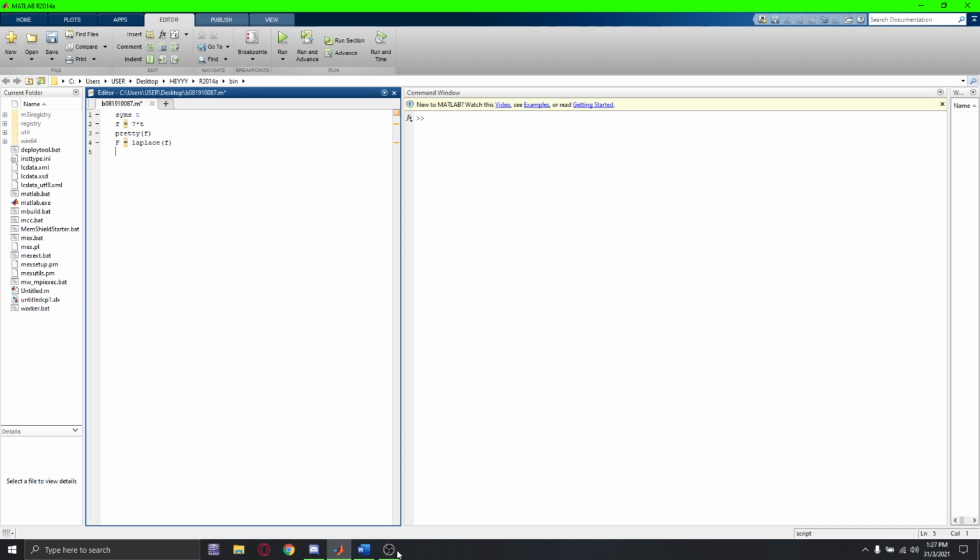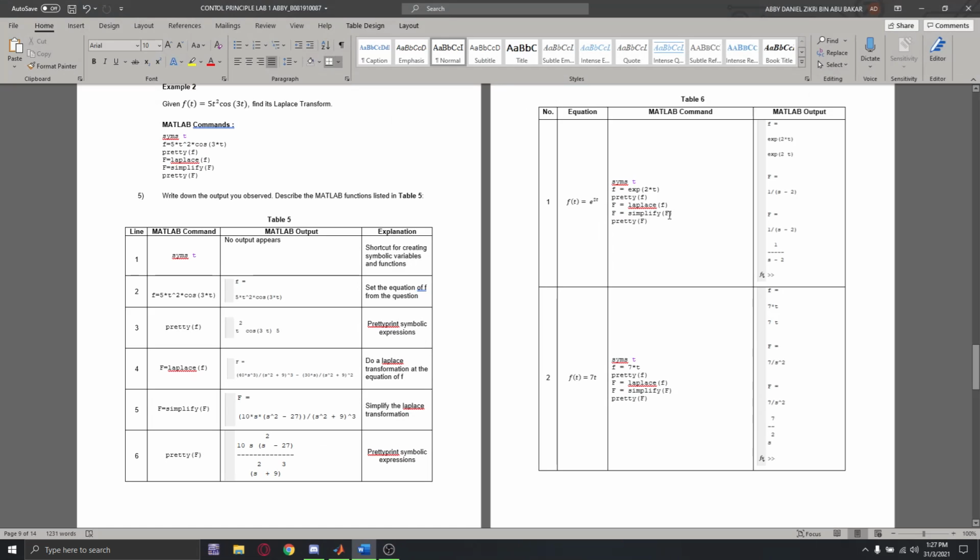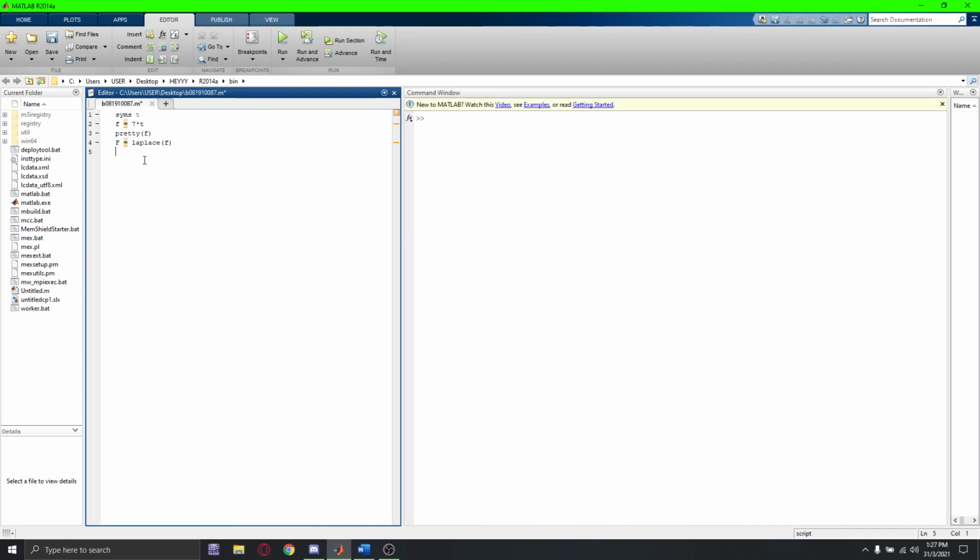After that, we can simplify, but the question is so simple, so I will not do the simplify. For the final step, we will make it more mathematical, so we will put pretty again, and then we run. As you can see, this is the output that we will gain, which is 7 over s to the power of 2.